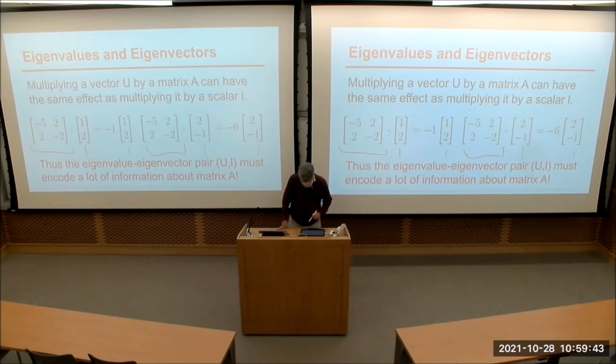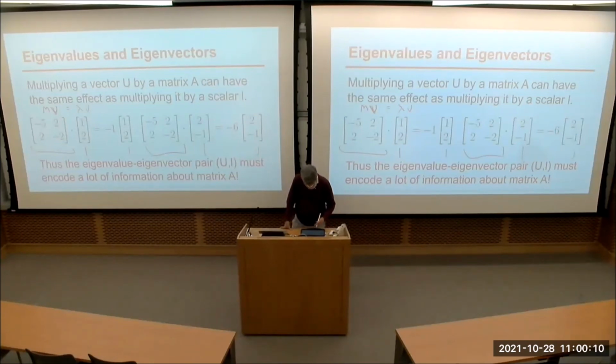It turns out that multiplying this matrix M by this vector, let's call it V for now, is the same as multiplying some constant times V.